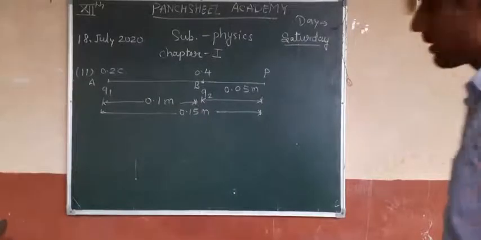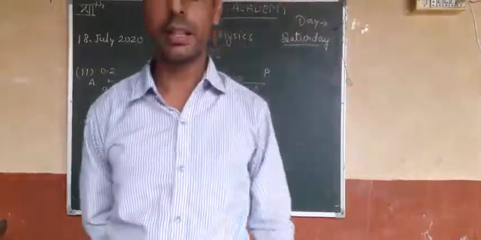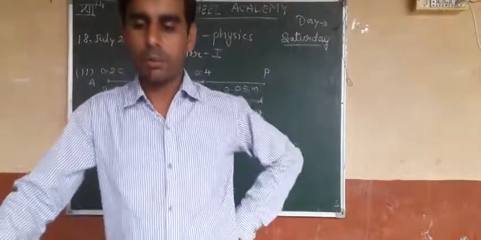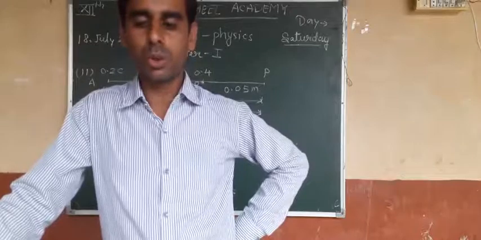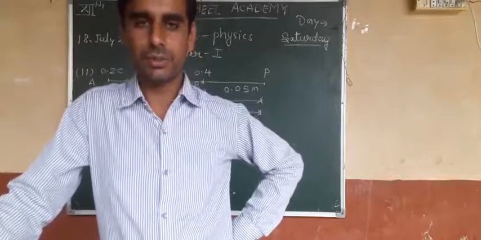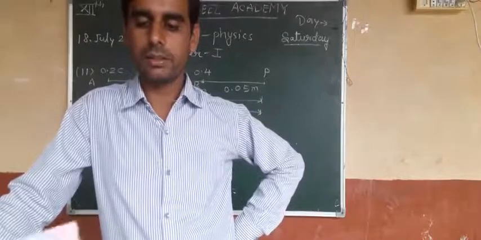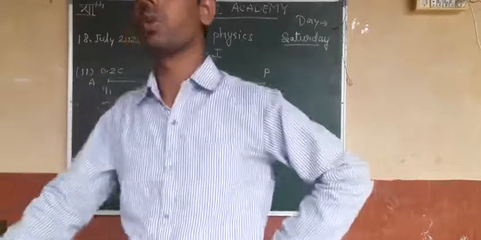Okay, this is our second question, and in the second question, there is a point on the line joining Q1 and Q2 such that it is 0.05 meter away from Q2 and 0.15 meter away from Q1.